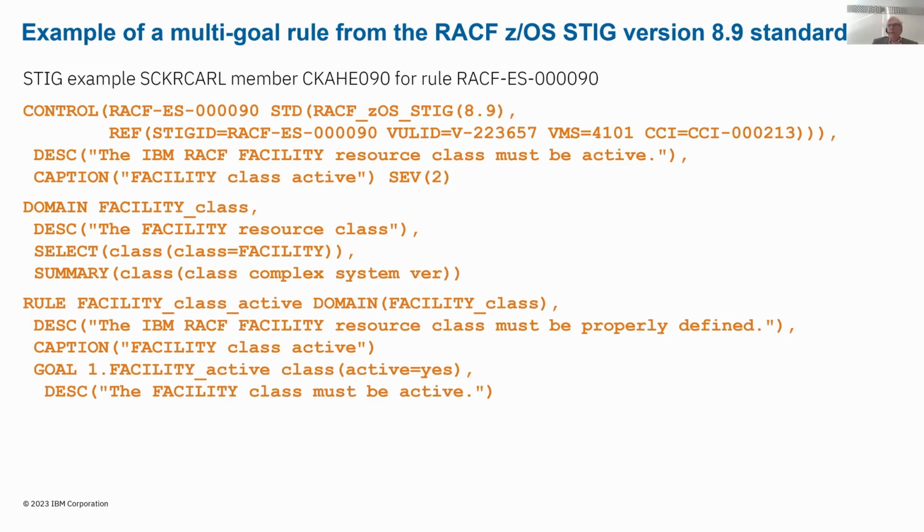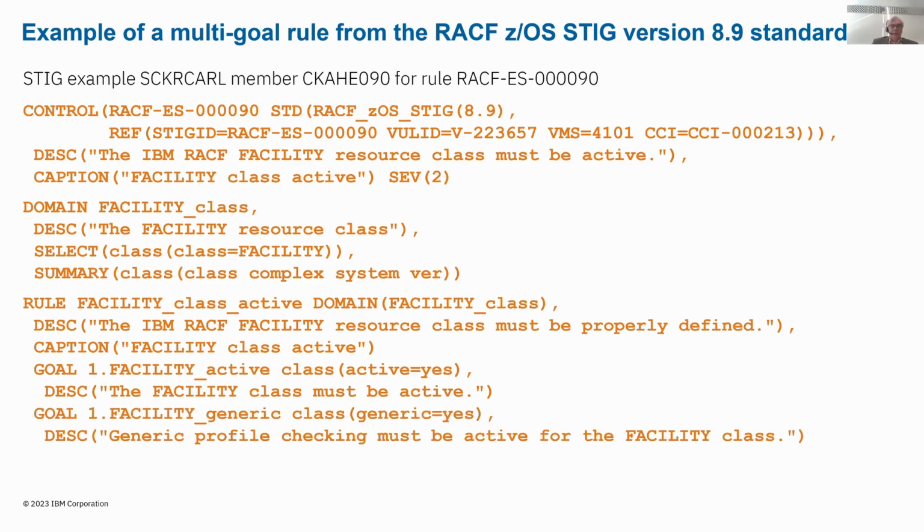So if the list in the standard has 1.a, 1.b, then you would see that in the name we give. So there's a 1 and then facility active. And that checks that active equals yes for the class. Is that the only thing? No, there's another one. It must not only be active, but it also must have generic checking active. So that's what the STIG control says.